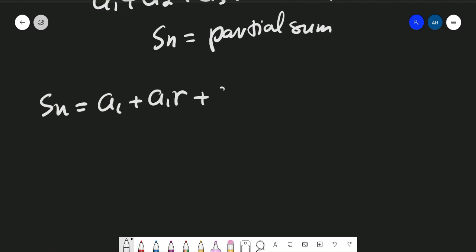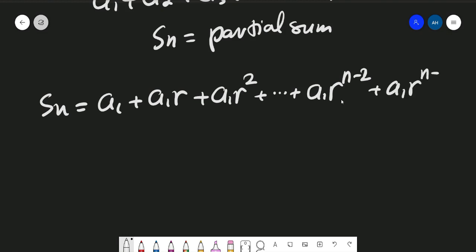The third term is a1 r square, plus, and so on. Now what is the nth term of a geometric sequence? I hope you still remember the formula for an, that is a1 r to the power n minus 1. Before it, the term is a1 r to the power n minus 2.